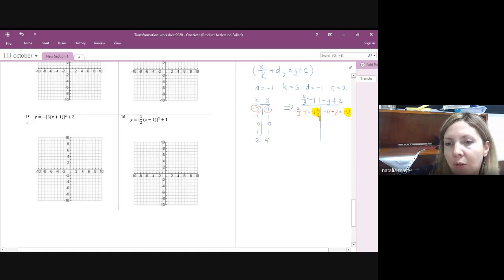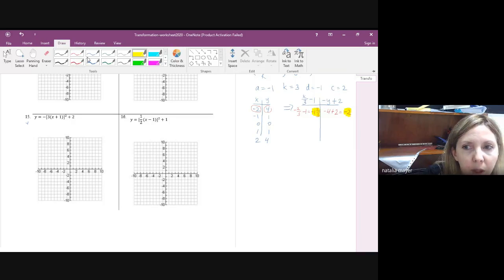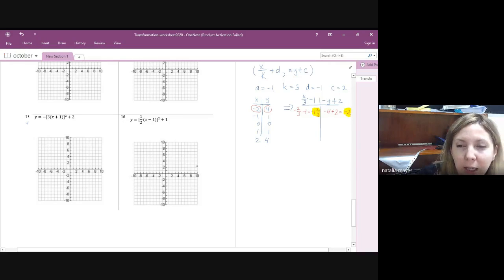So for 2 over 3, you can use the approximation, right? So let it be -1.3. And let me now have this point on the grid. So -1 and a third is here, and -2 for y.